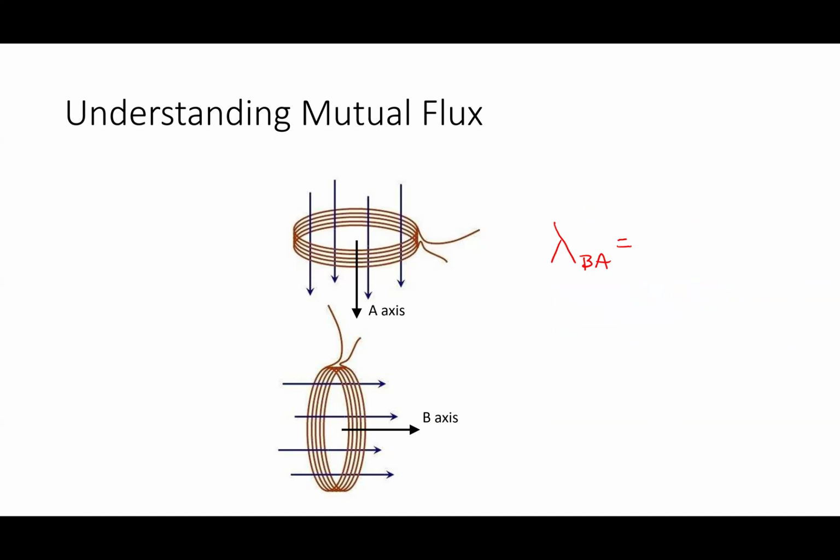What's the angle between the two? The angle between the two is 90 degrees again, right? Or if I'm real careful about it, it's 270 degrees. Just looking at the picture, it's not that hard to think about. If I've got flux from A going the direction that it is past coil B, what's the total amount of B field going into coil B?